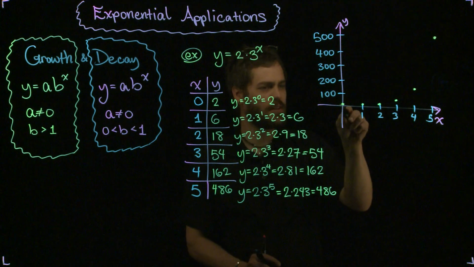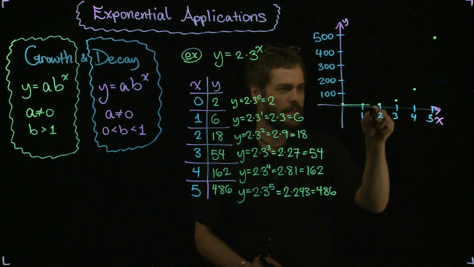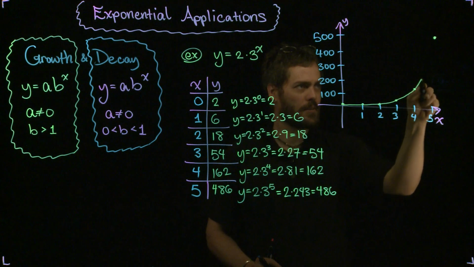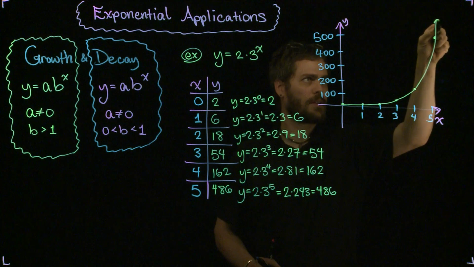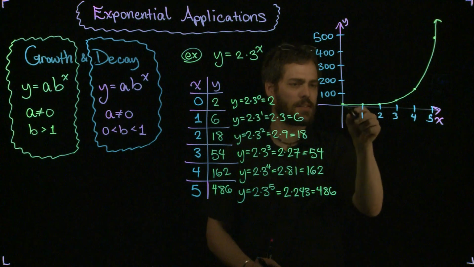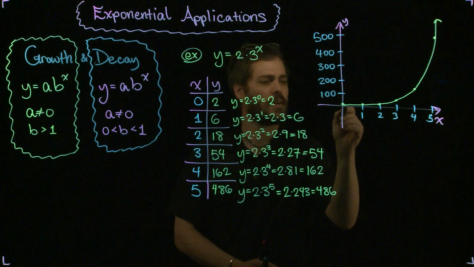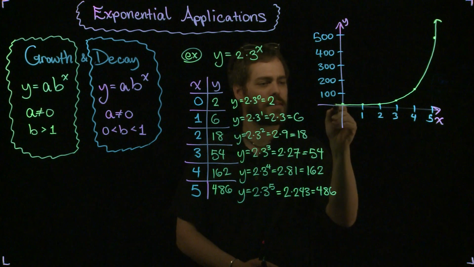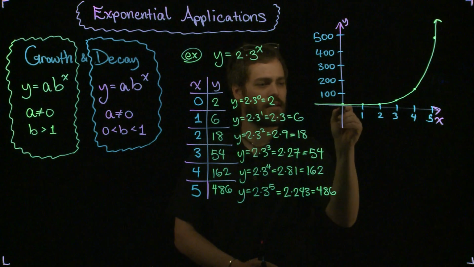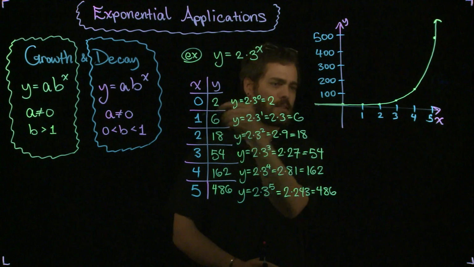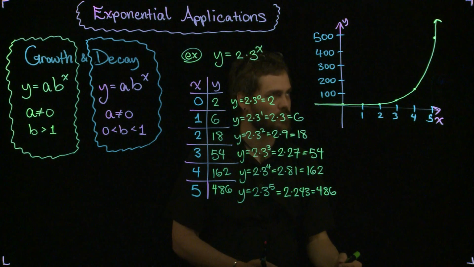And what you're seeing in general is something that looks like this. Whoa. We might start out kind of slow, but we get this rapid increase. And over here on the other side of the graph, it just heads ever closer to 0, out towards negative infinity that way.